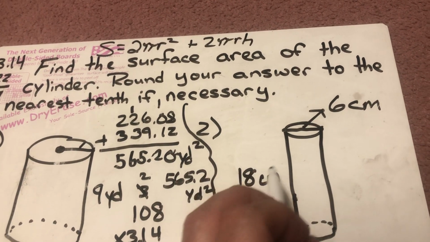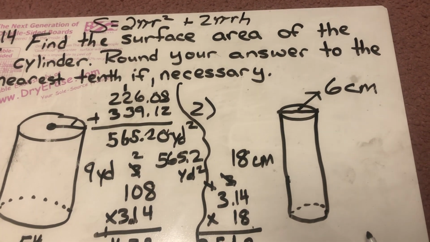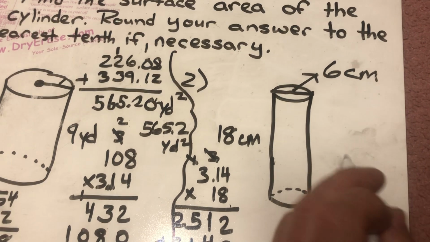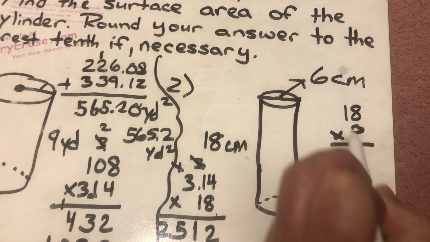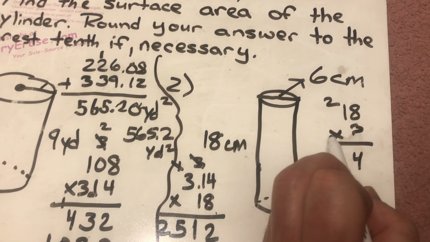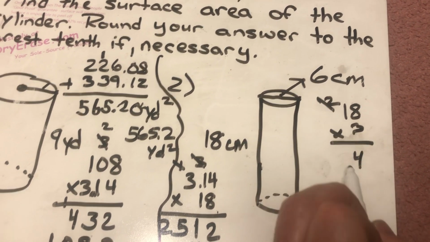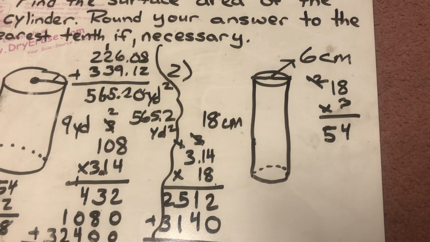Radius times the height. Well, the radius is 3. So I do 3 times 18. Okay? Well, if I come over here and do 18 times 3. 3 times 8 is 24. Put the 4 down, carry the 2. 3 times 1 is 3. Plus 2 is 5. I get 54.